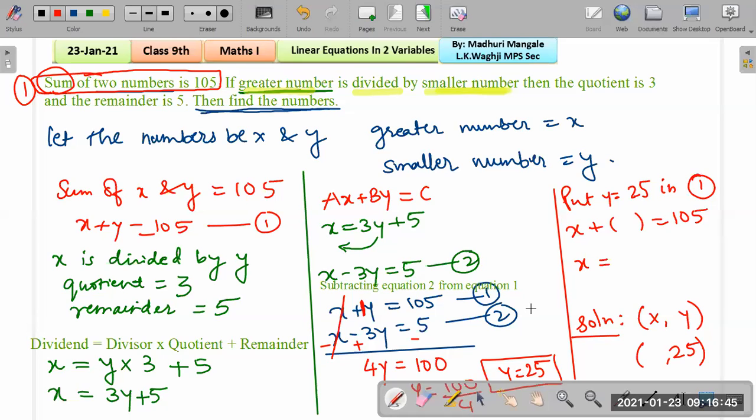Solve for x. You just need to substitute the value of y here. This is 25. And now you have to shift it to the other side. Decide what operation should be done, get the value of x, and get the solution in x comma y format. Once you're done, quickly raise your hands. I will give you this question on quizzes.